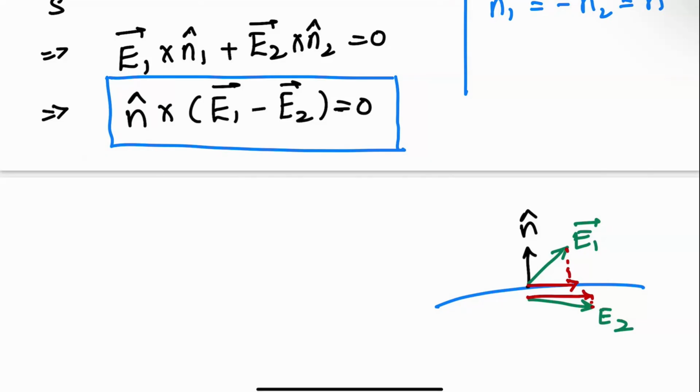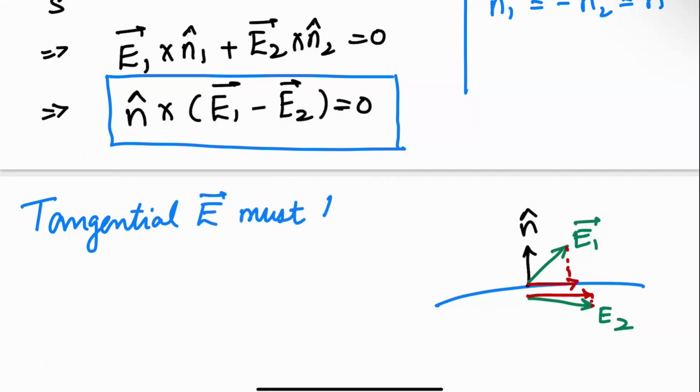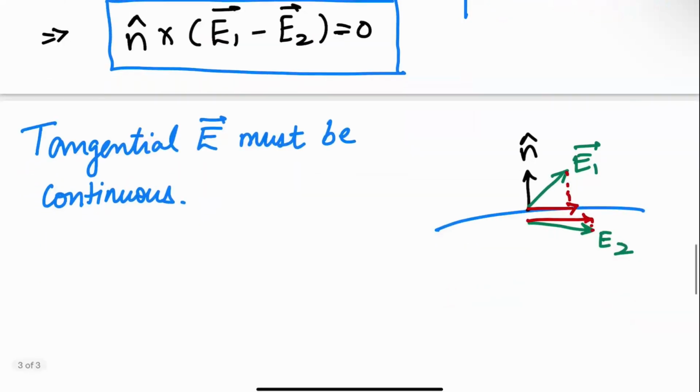So the tangential component of the electric field is continuous across any boundary. Okay, that's what the boundary condition is saying. So let's actually write that down. Tangential E must be continuous.